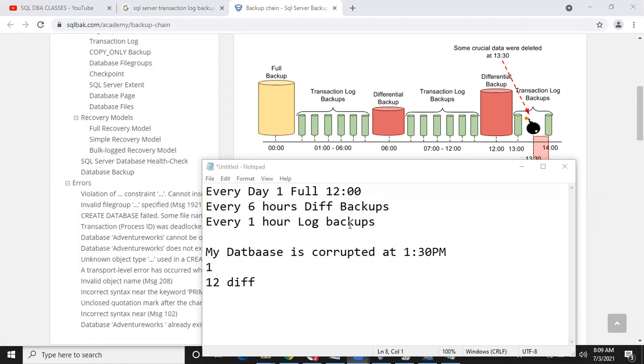Can we just omit the full backup and differential and take the backup from the log backup at 1 o'clock? Because it would be mainly in that log file itself. It won't be in the full backup and differential, because at that time the differential and full backup didn't happen.